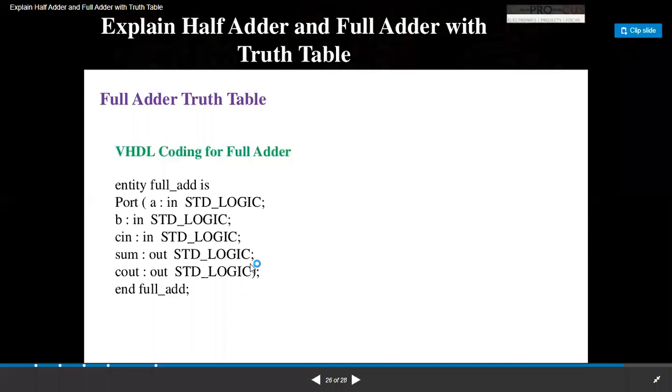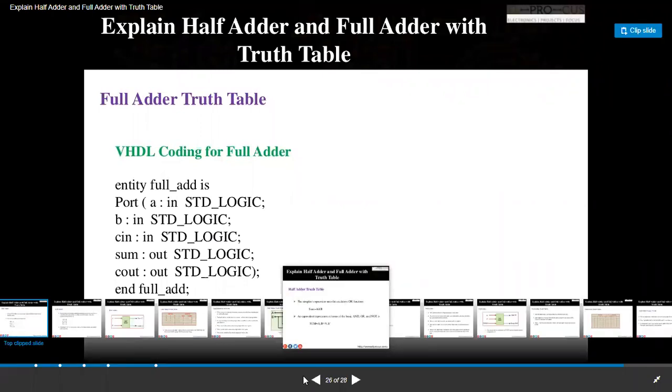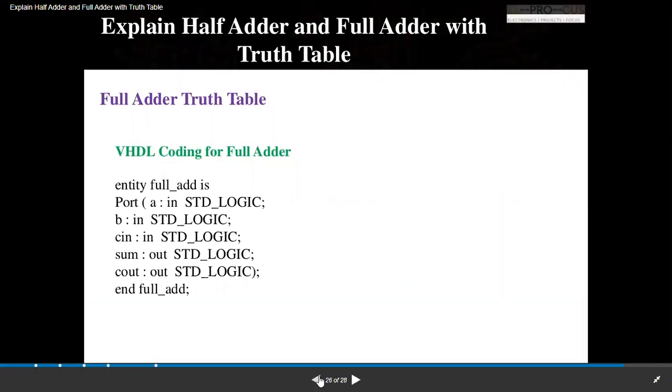There is a small difference: C and C in. That C in is an extra bit added into our circuit.